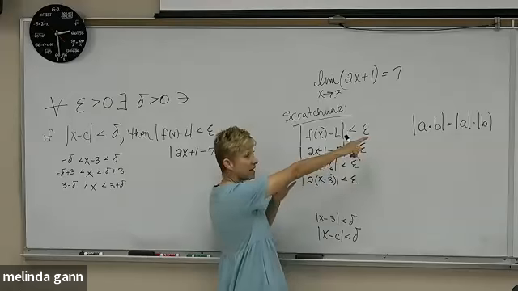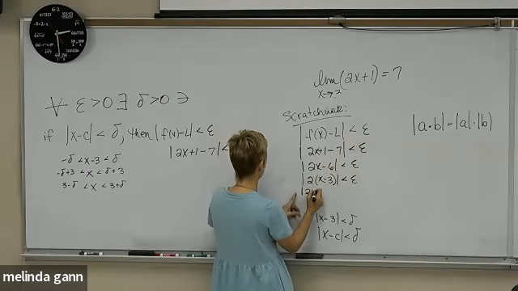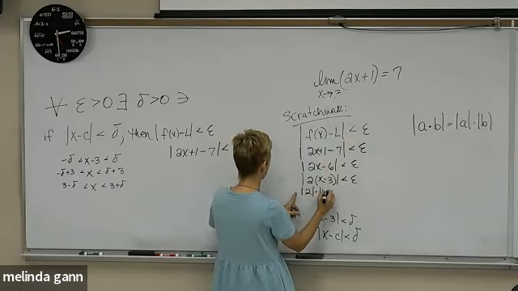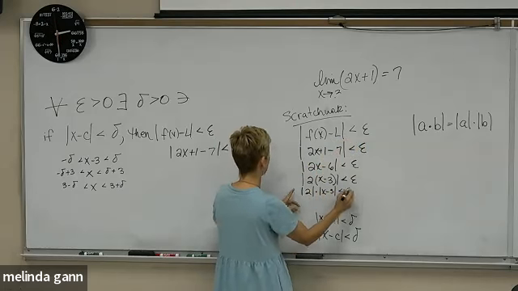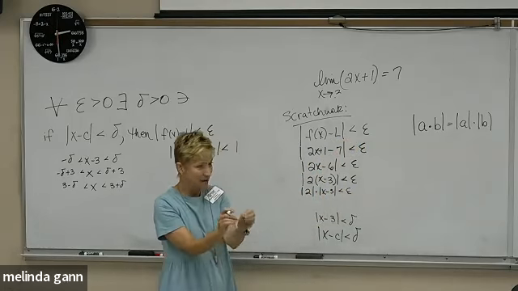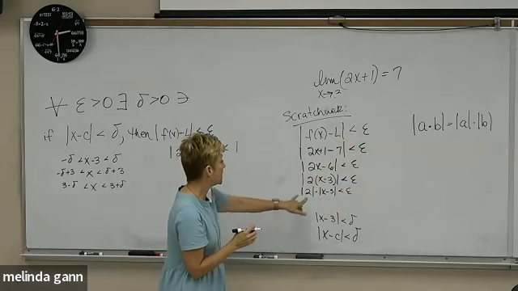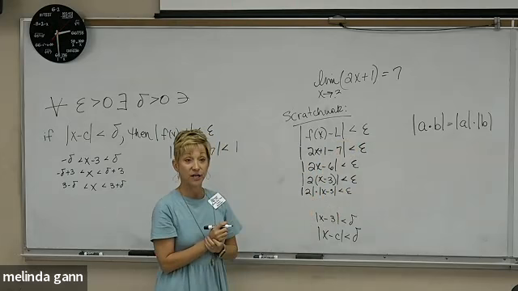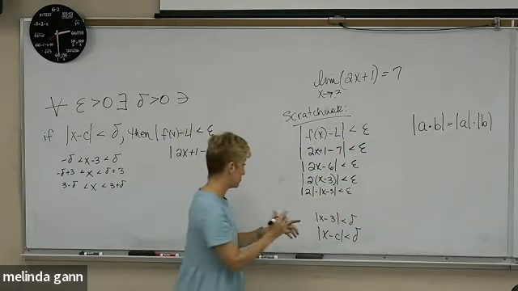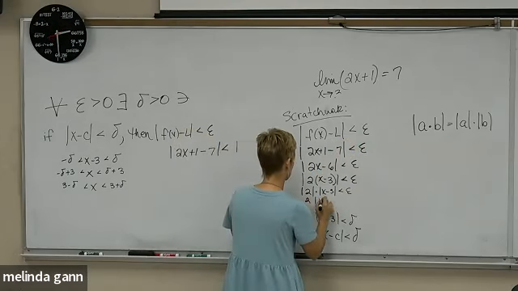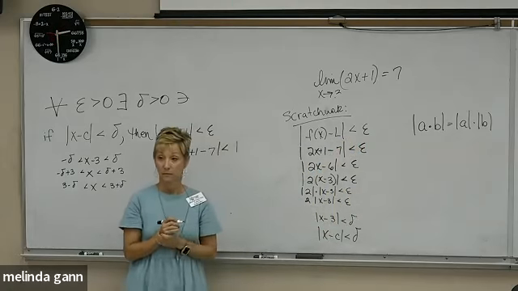So I'm gonna make sure they understand. That's the absolute value of 2 times the absolute value of x minus 3. I mean, I am leading them little baby step by little baby step. Now, what is the absolute value of a positive 2? It is 2. Everybody okay?